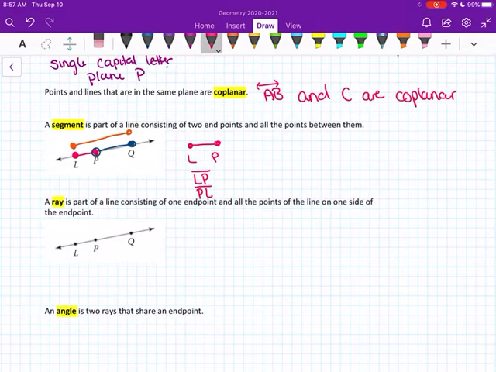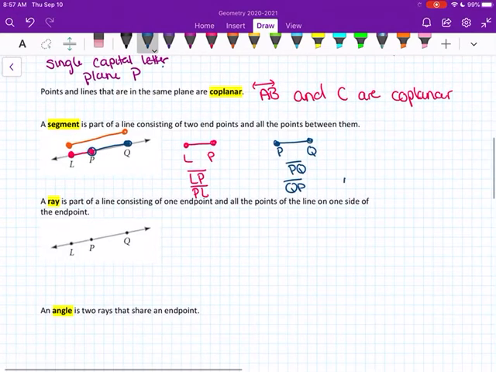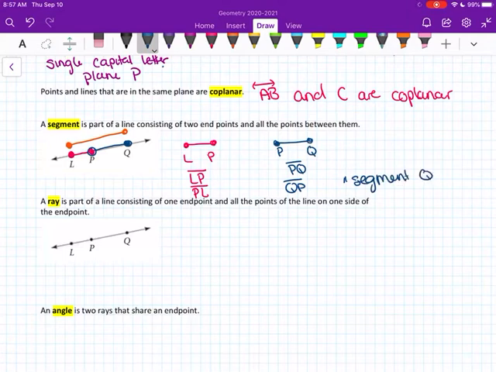Or you could write it as PL, same thing, direction doesn't matter. Then if I did PQ, I could say segment PQ, or I could say QP, segment QP. And you read it as segment QP.